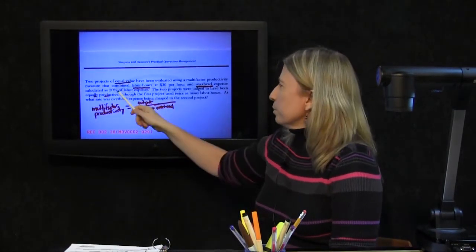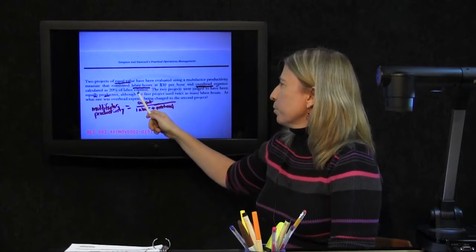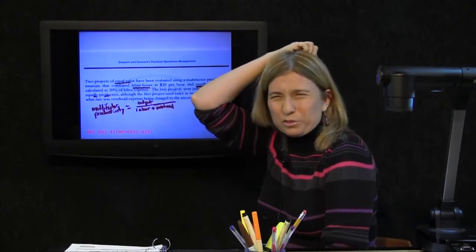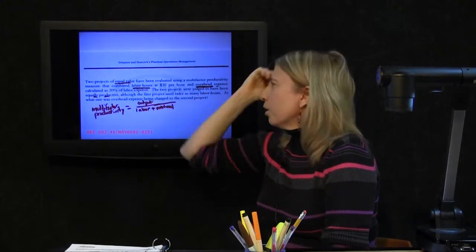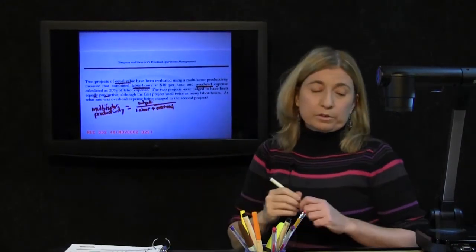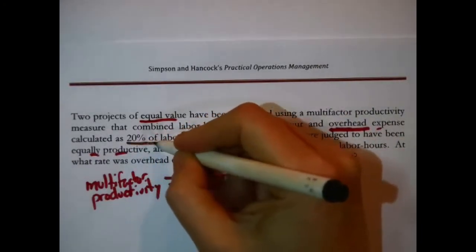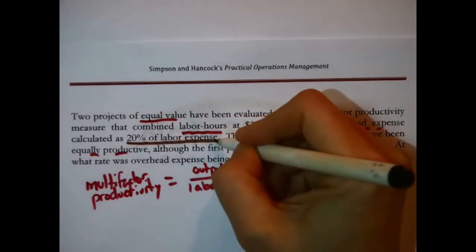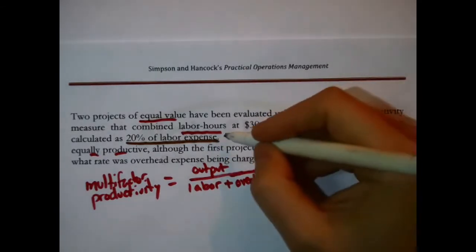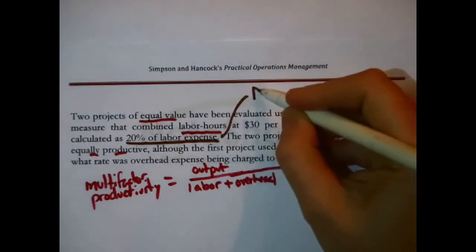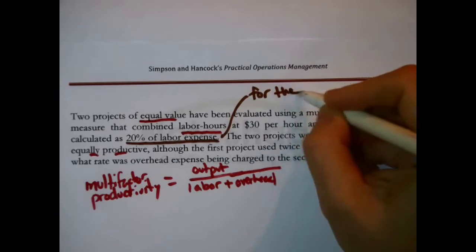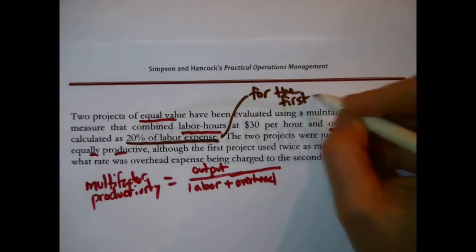If this 20% of labor expense referred to both projects, you wouldn't have to work this problem, because that would be the answer. It would have been helpful if the problem had clarified that this 20% of labor expense, the overhead rate, referred to the first project.